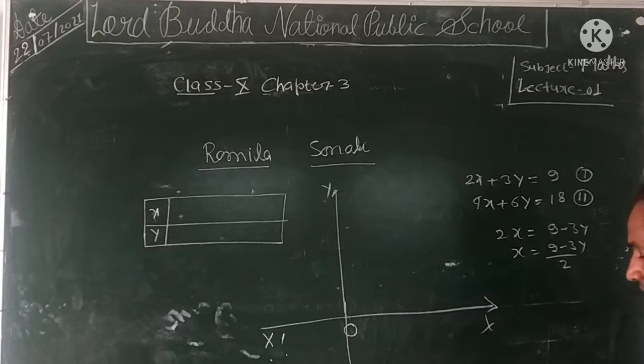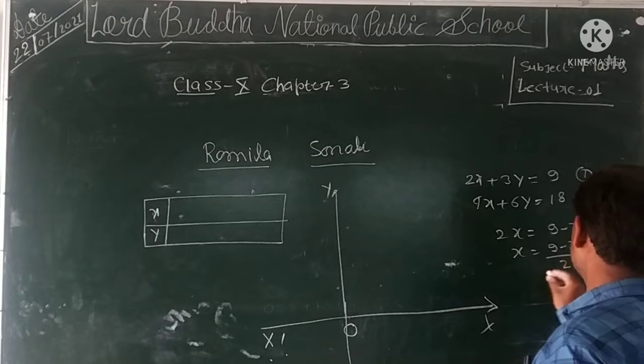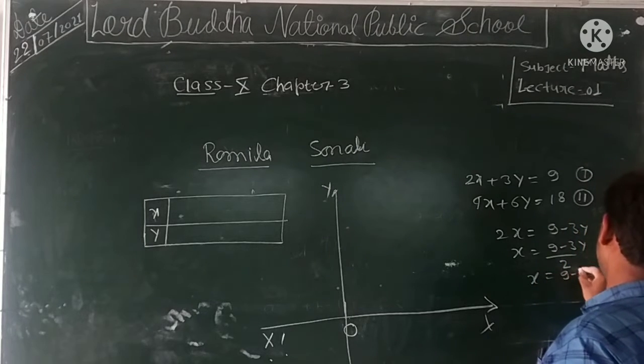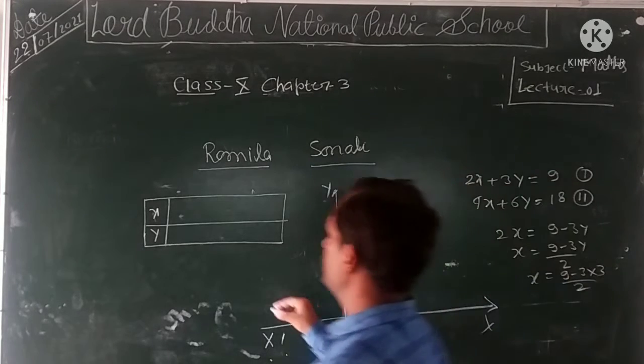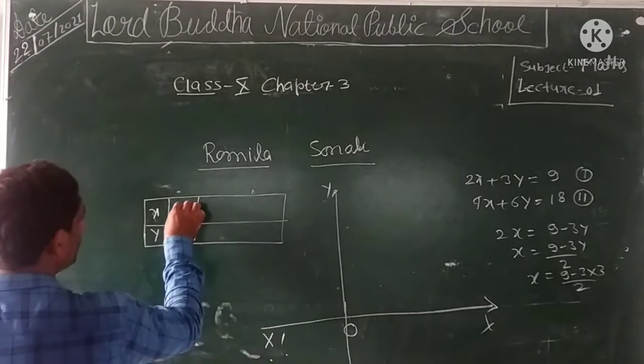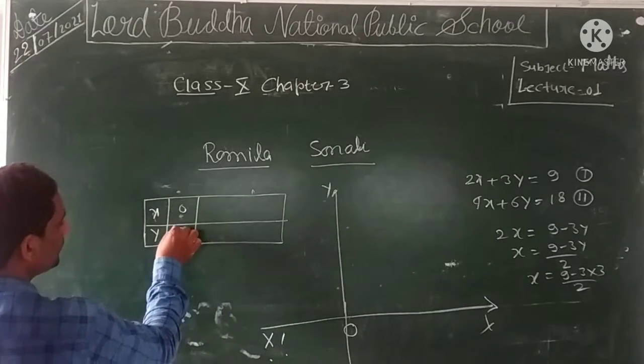First of all, we choose y equal to 3. When y equal to 3, 9 minus 3 into 3 is 9 minus 9, which is 0, and 0 upon 2 means 0. So the value of x is 0 and y is 3.